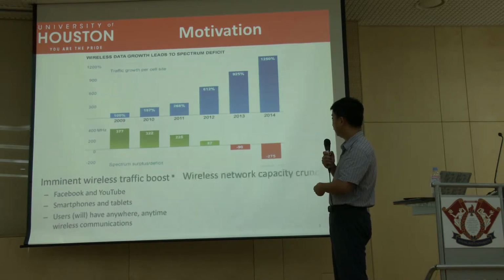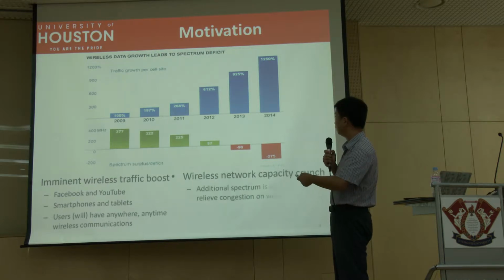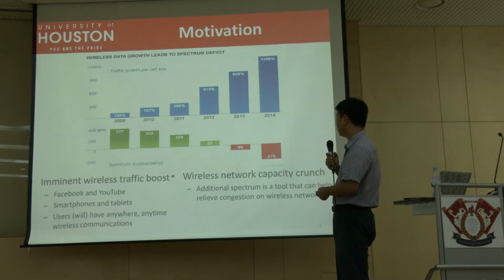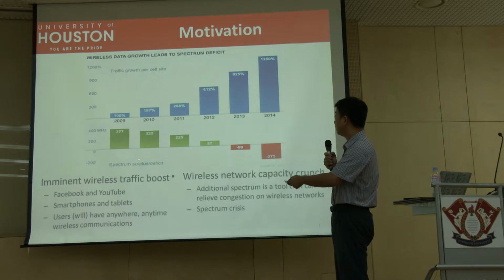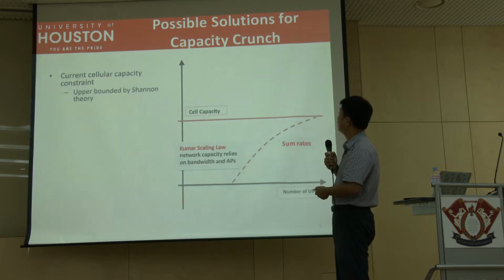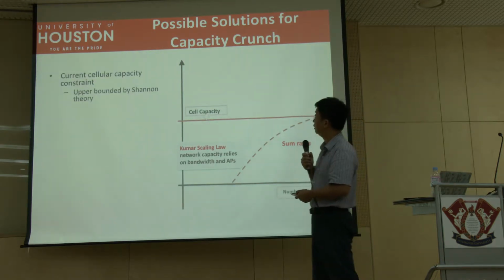The surplus spectrum availability will become smaller and smaller. So additional spectrum is a tool that can help relieve this kind of congestion. But on the other hand, we don't have this spectrum, so we have the spectrum crisis.